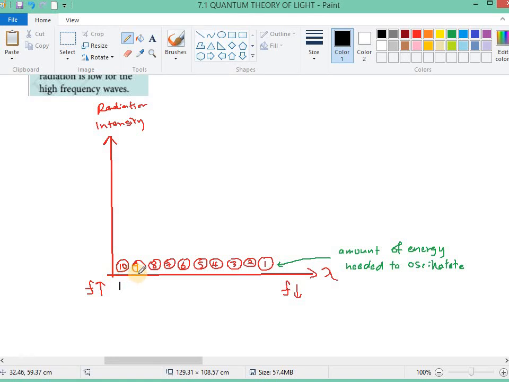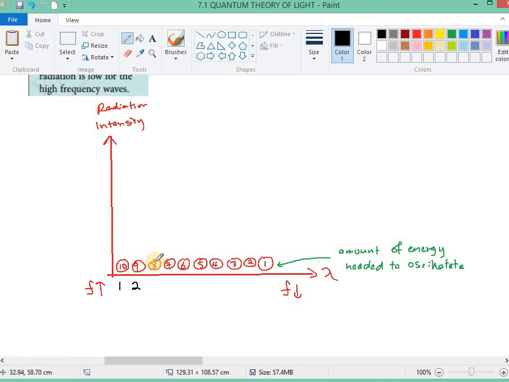Let's say only one particle gets 10 joule and can oscillate at very high frequency. So as the energy requirement to oscillate is lower, as the frequency is lower, the particle doesn't need a lot of energy. If the particle doesn't need a lot of energy, then the number of particles that get less energy increases. The number of particles that get less energy will be more. So for example, the particle that gets 9 joule, you have 2 particles. 2 particles get 9 joule and can oscillate at this frequency.